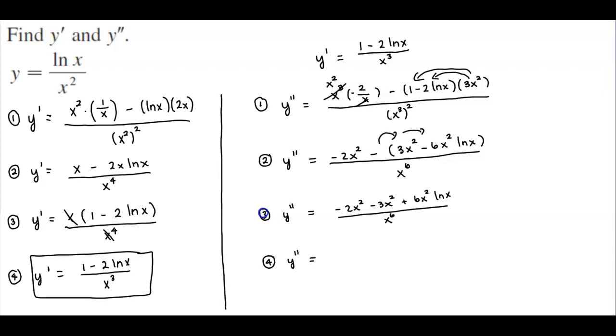And so if we want to, we can either combine like terms or we can factor out an x squared from all three terms. So we can factor out an x squared, and then what's left is negative 2 minus 3 plus 6 times the natural log of x over x to the sixth.